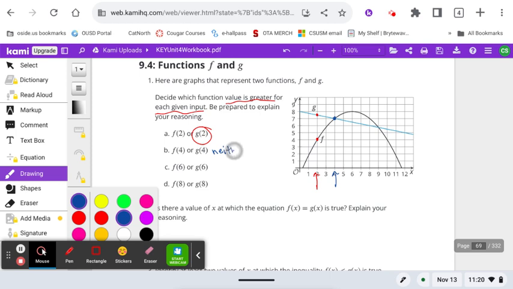They are equal. F of 6 or G of 6, F of 8 or G of 8.